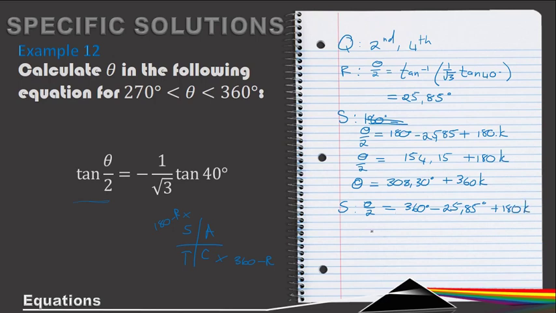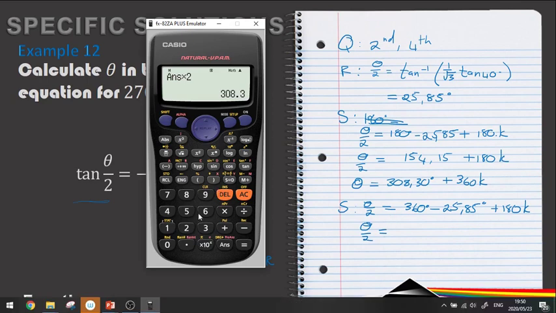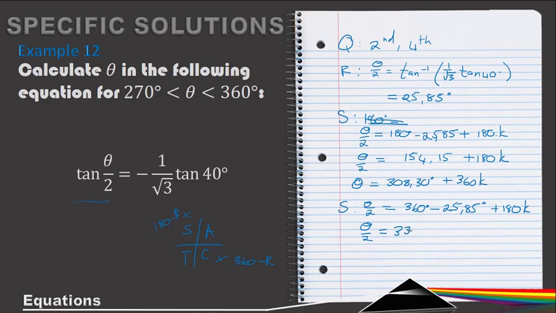And then to simplify, theta over 2 is equal to 360 minus 25.85. That gives us 334.15 plus 180k.